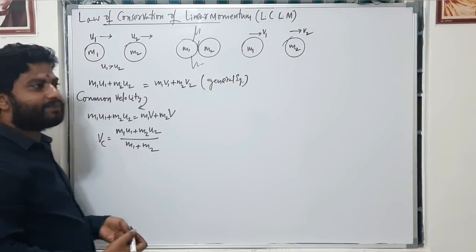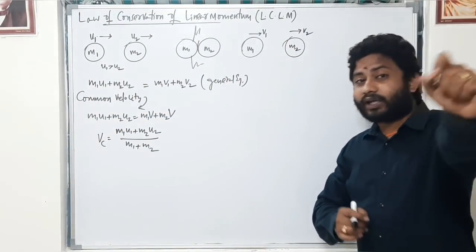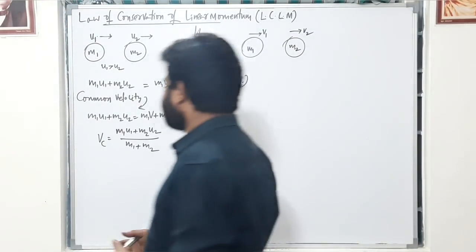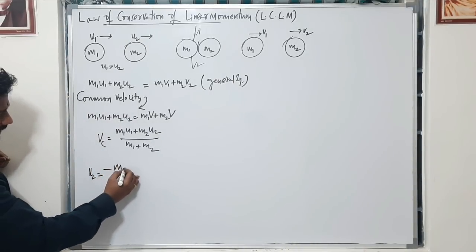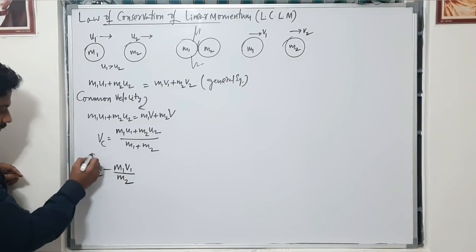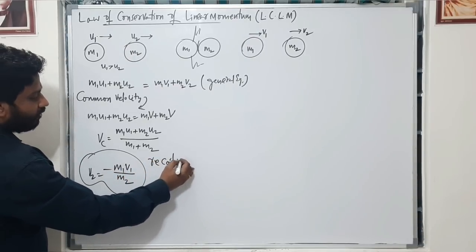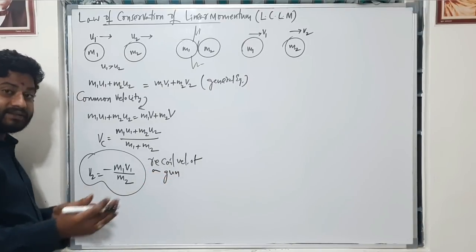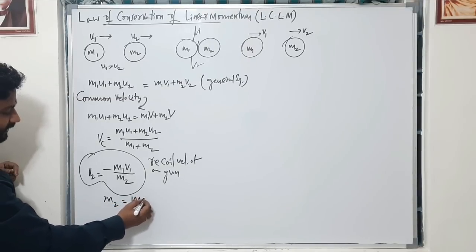And we had discussed recoil velocity of a gun or velocity of a rocket. Clear? Recoil velocity of a gun and velocity of a rocket, and those formulas we have discussed. So v2 is equal to minus m1v1 by m2. What is m2 here? I am writing here: this is a recoil velocity of a gun or velocity of a rocket. Here, m2 is the mass of the gun.